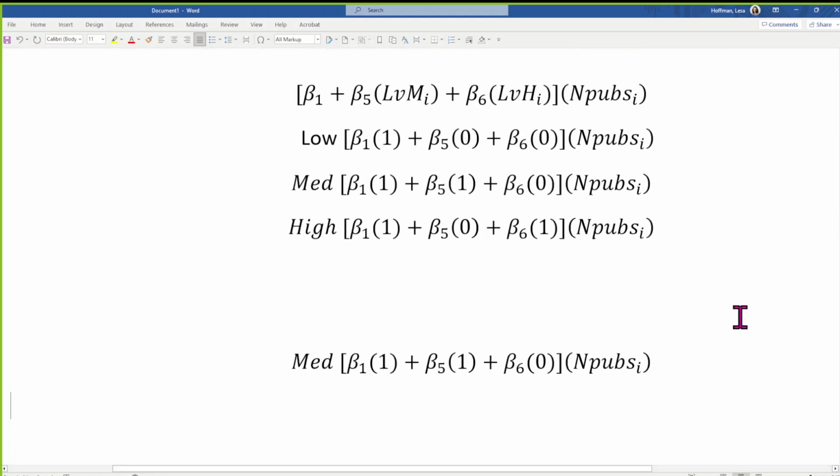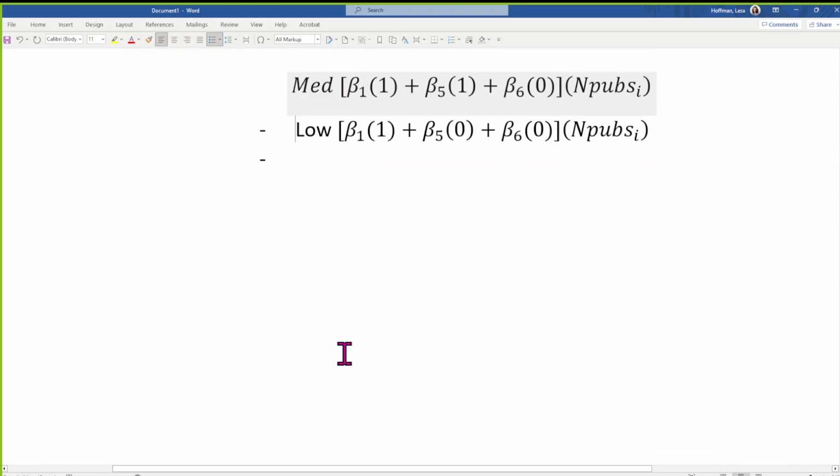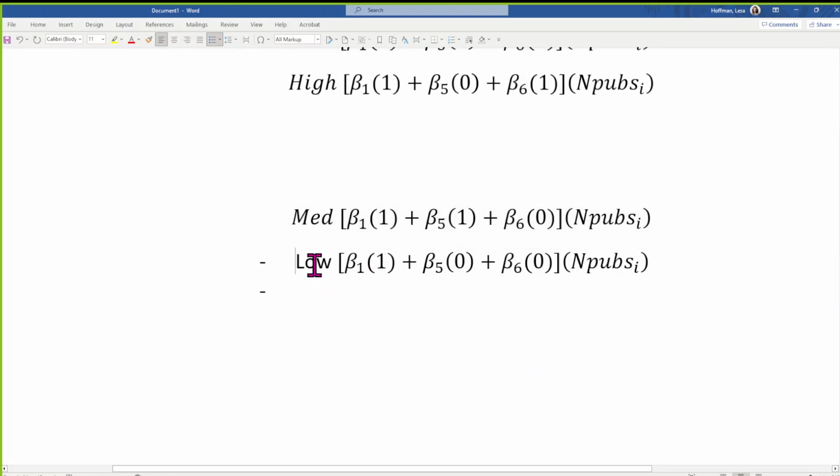Come down further. Low versus medium would look like this. Put a minus sign in there. And low. There we go. So low versus medium is medium minus low.